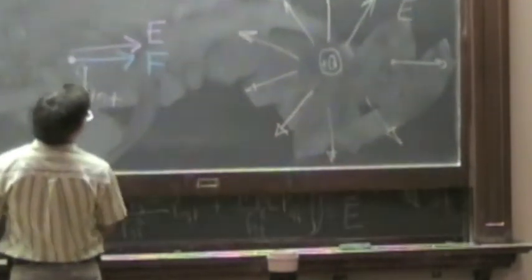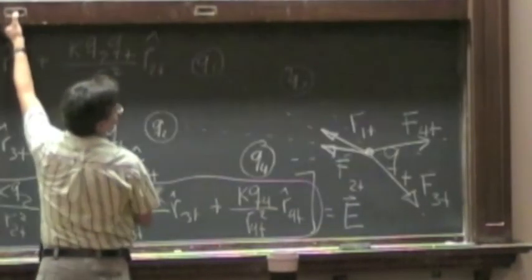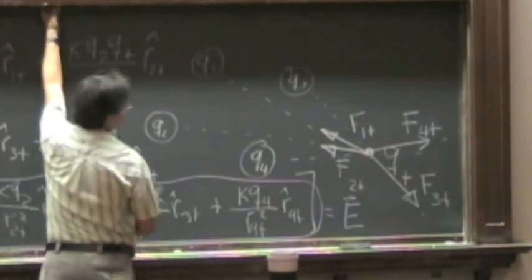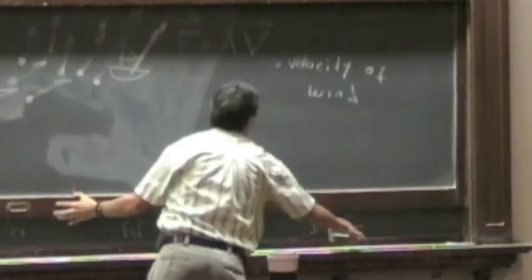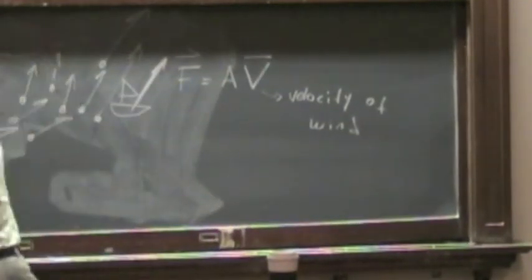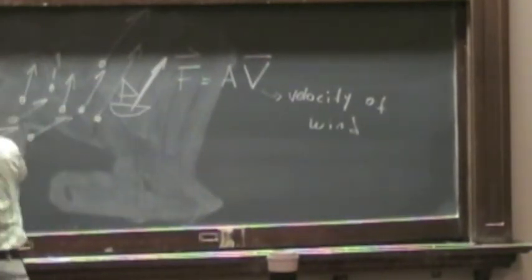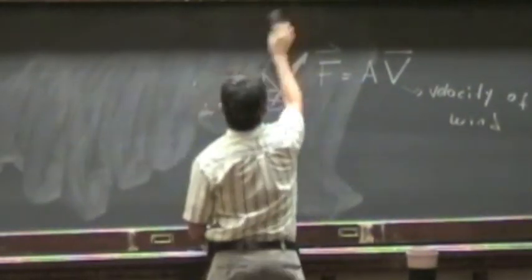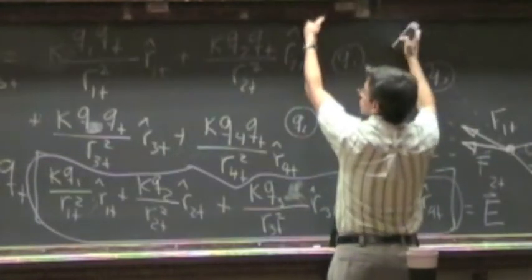And if you do the same thing for a negative charge, what's the electric field in the neighborhood of a negative charge?